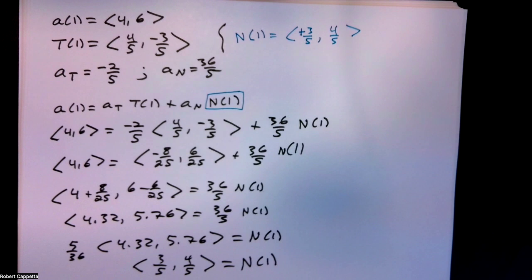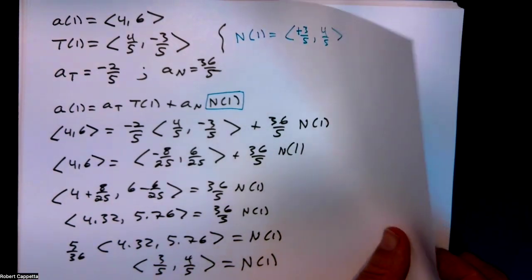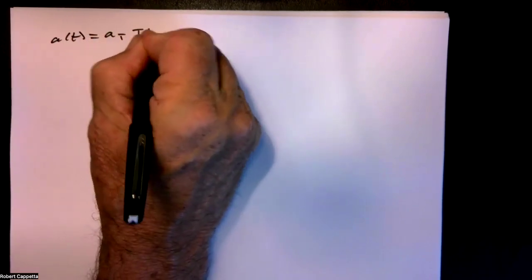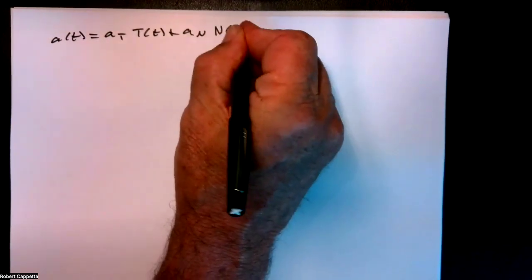So how do we remind ourselves of this process? What did we do here? What was our shortcut method using the geometric relationship amongst these various factors? So what did we need to know? The first issue, of course, was that A of t is A sub t times T of t plus A sub n times N of t.